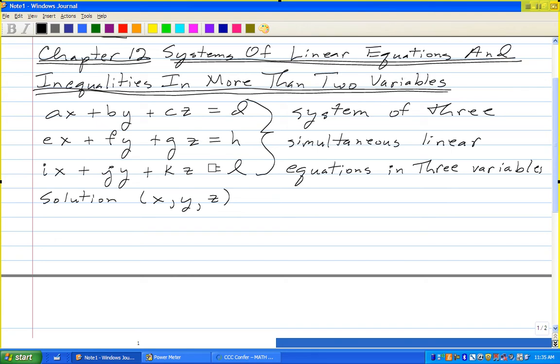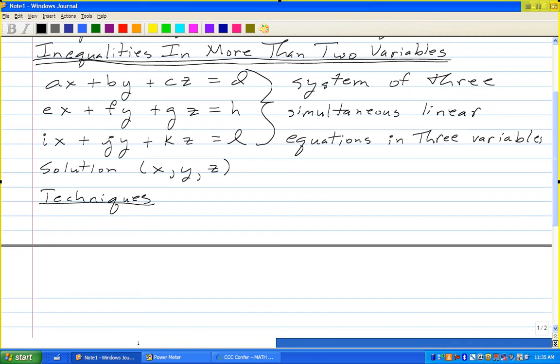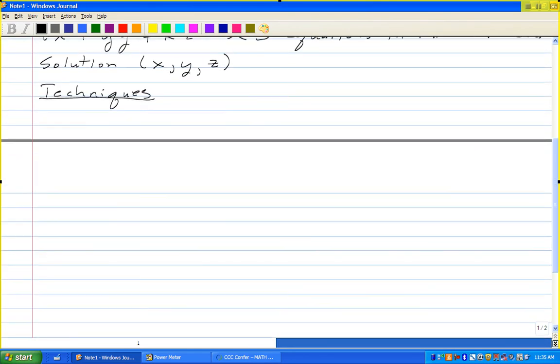So let's recall the techniques that we gave from Chapter 3 for solving systems of linear equations. And these will basically be the same techniques that we're going to be using now. One was graphing.